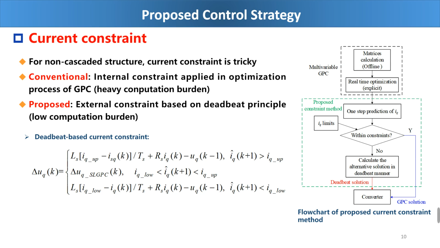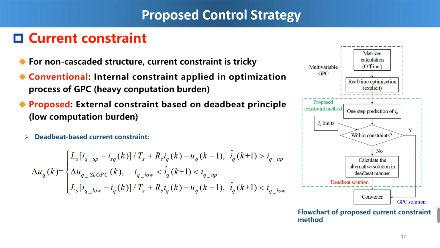So we proposed an external constraint based on the deadbeat principle. Here is the equation, and here is the flow chart. Generally speaking, if the GPC works well, the current will not exceed the limitation, and we will just use the command obtained from the GPC.